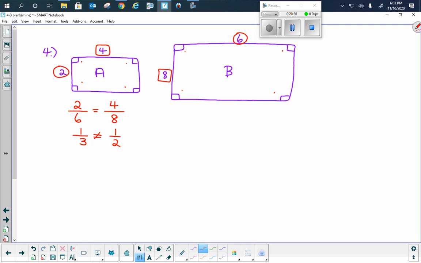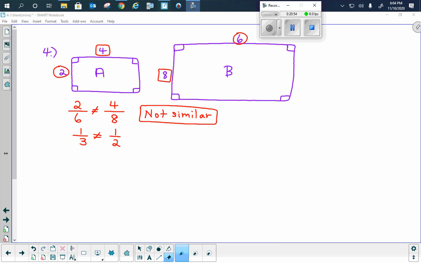So the work I'm looking for is for you to tell me that 2/6 does not equal 4/8, and therefore these are not similar. Okay, don't alter your answer. It's not no solution or can't be done or impossible. It's not similar. That's exactly the answer we are looking for. Okay? Okay, so see what you can do with that.